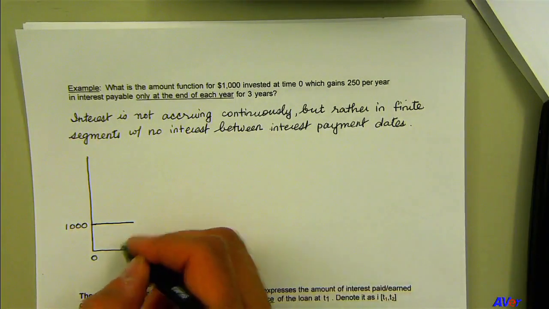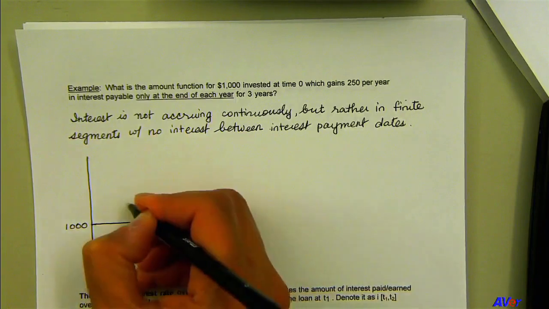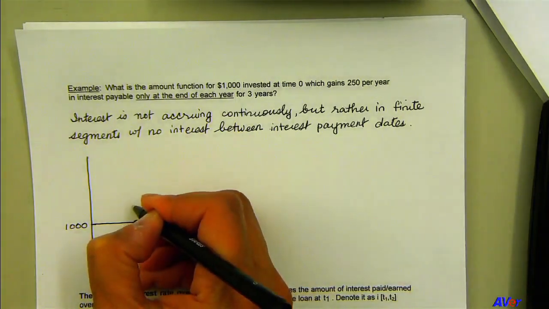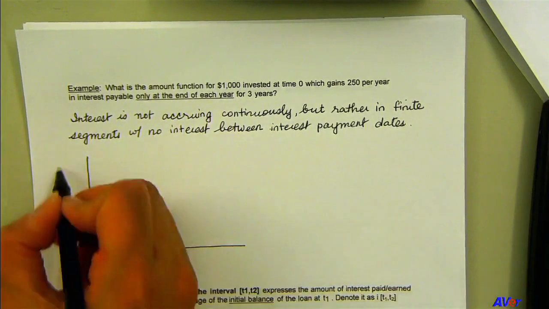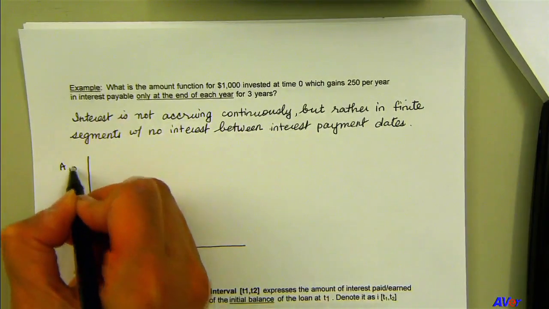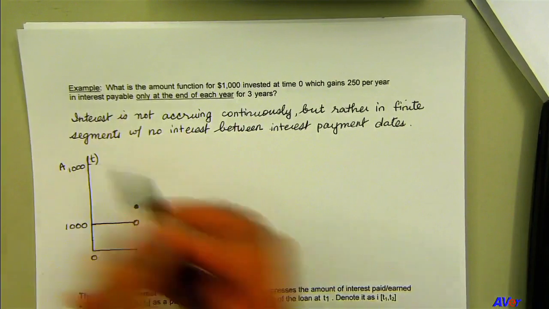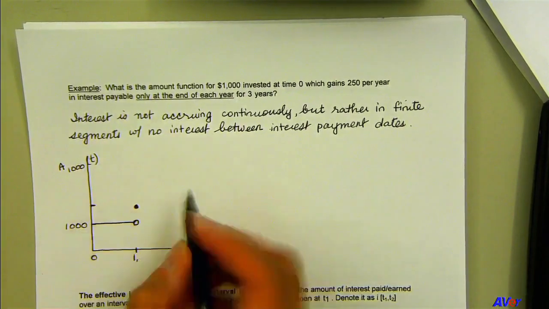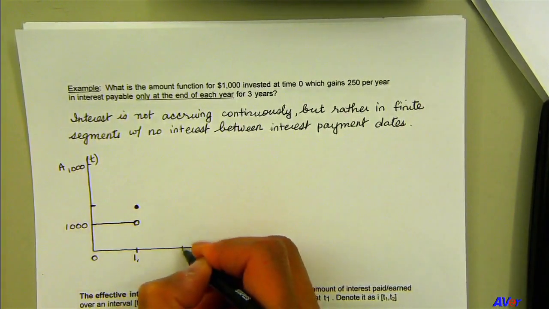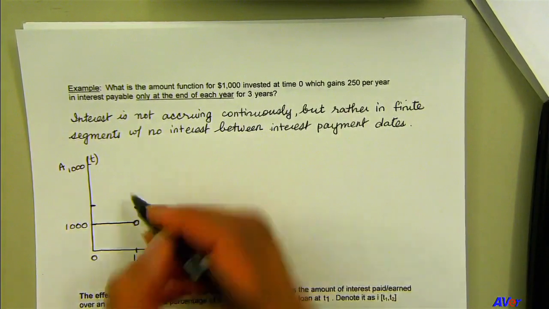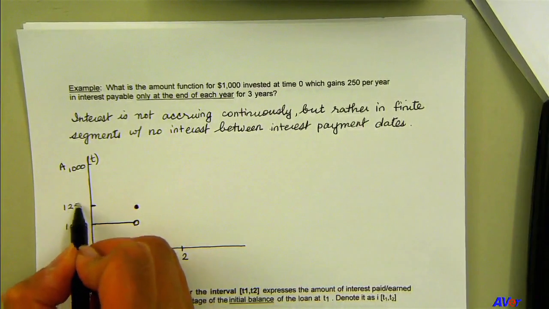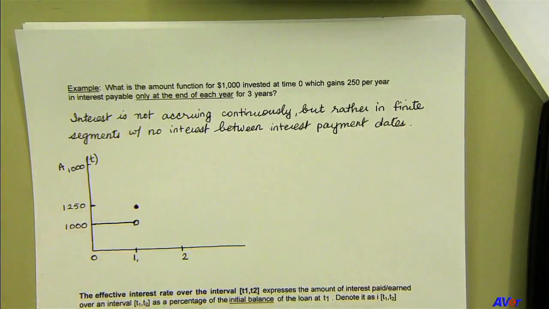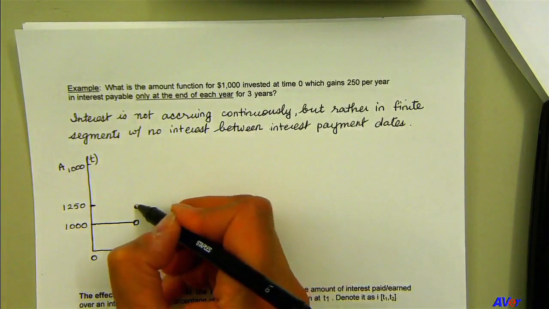But at time 1, it will pay you interest. How much interest? $250. So what's your A 1,000 of t at time 1? It jumps up to 1,250 because it pays you the interest. And then it stays flat until time 2.